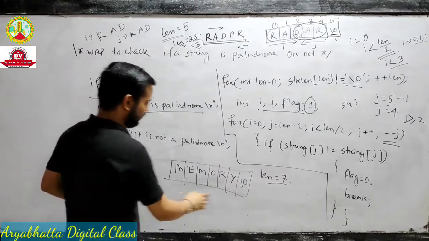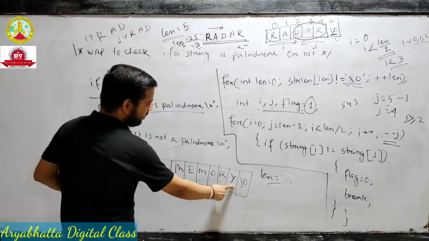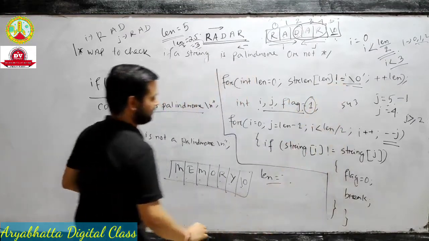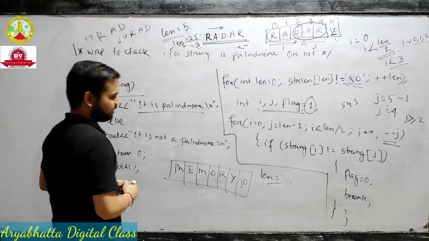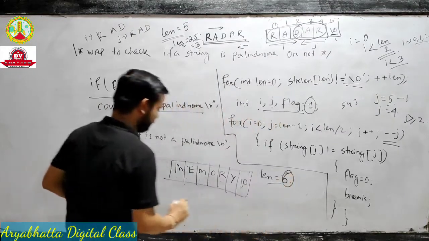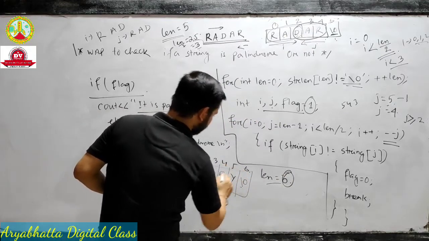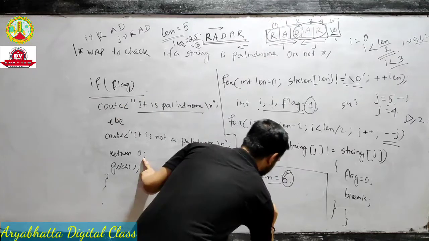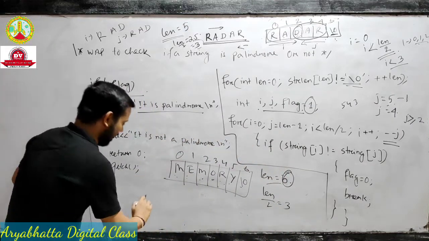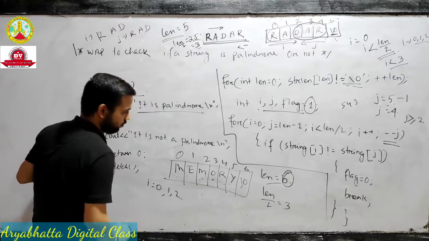Okay, suppose here we take the length as 1, 2, 3, 4, 5, 6, since str length is not equal to backslash 0. Suppose we take the length as 6, meaning indices 0, 1, 2, 3, 4, 5, 6. Length by 2 is 3, so i is executed from 0 to 1, 2.